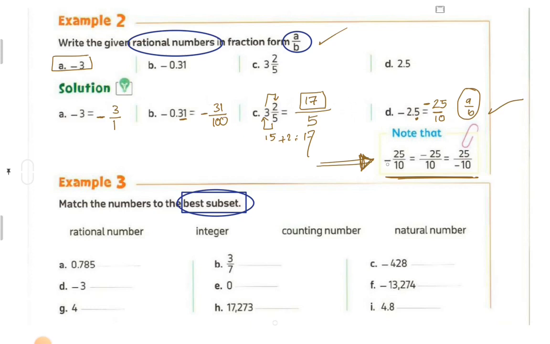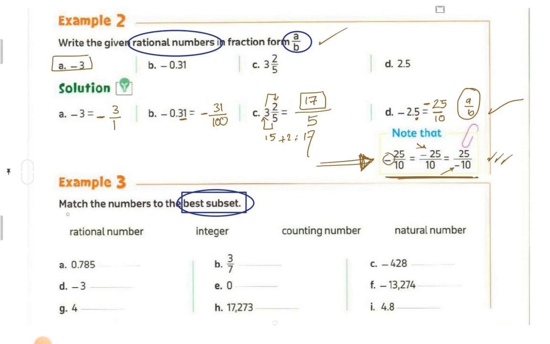That means the negative sign can be written outside the fraction, or with the numerator, or with the denominator. It's always the same value. There is no change wherever you put the negative sign: outside the fraction, with the numerator, or with the denominator. It's the same thing.